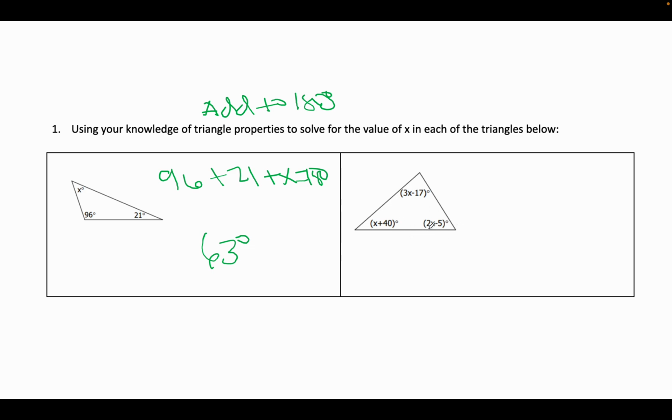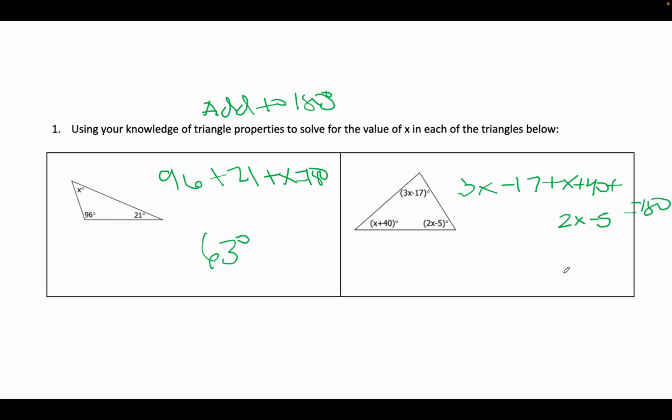This is a little bit tougher because we've got x's involved, but I know that they all add up to 180. So 3x minus 17 plus x plus 40 plus 2x minus 5 all equals 180.